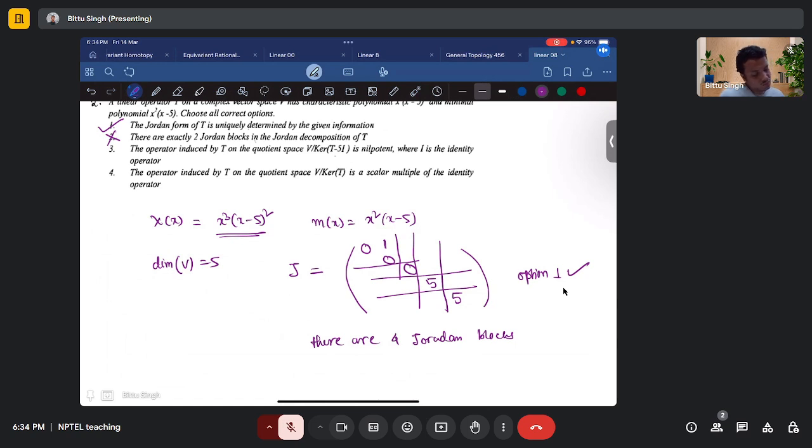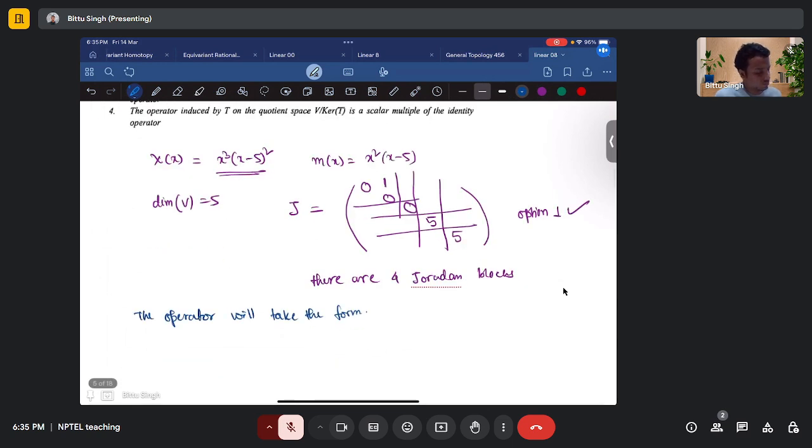Now the operator induced by T on the quotient space V mod kernel of T minus 5i. What will this be? Okay. So from here, let us write the operator. The operator will take the form Tx.